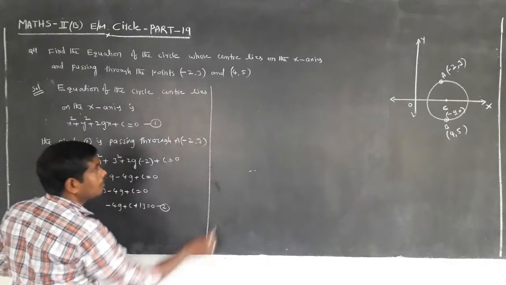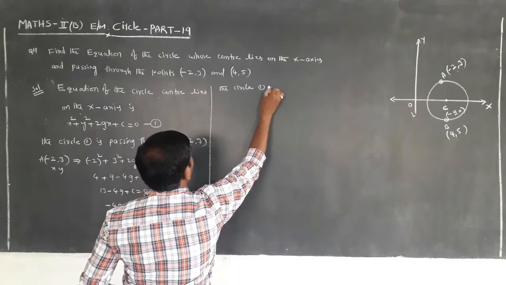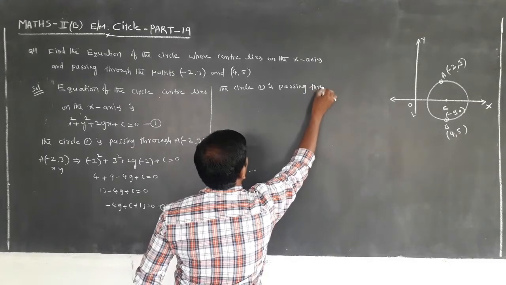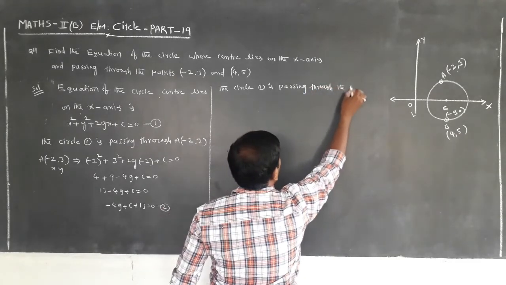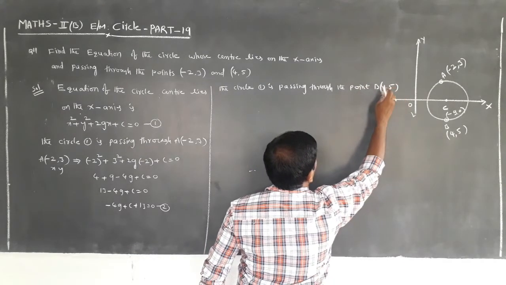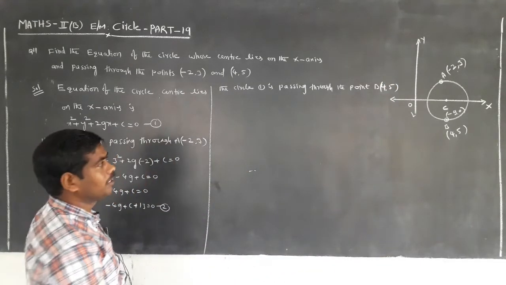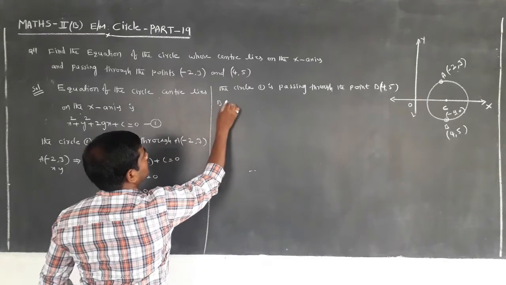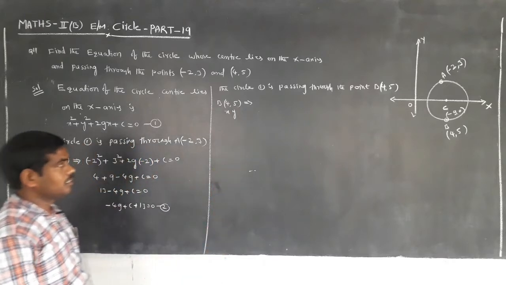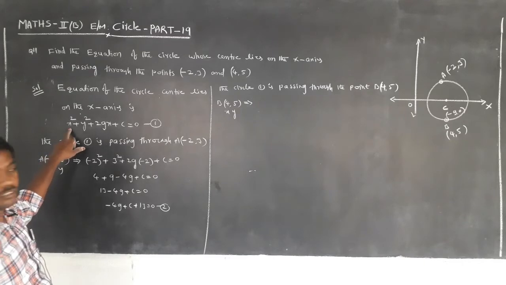Again, the circle 1 is passing through the point B (4, 5). B (4, 5) is a point that lies on the circle. Substitute B (4, 5) on the circle equation 1.